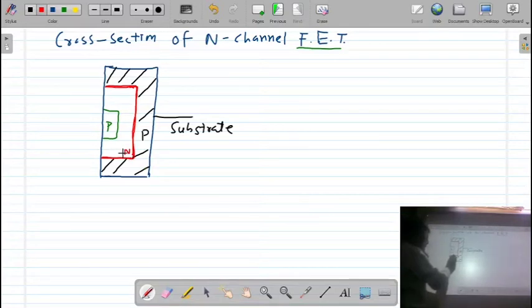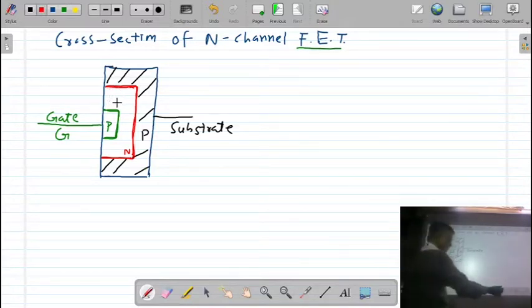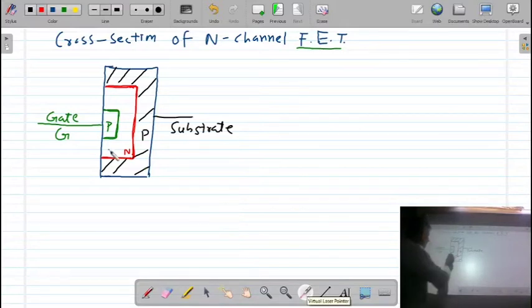In this N-type semiconductor material, heavily doped P-type material is diffused. This is known as the gate. This is your N channel.